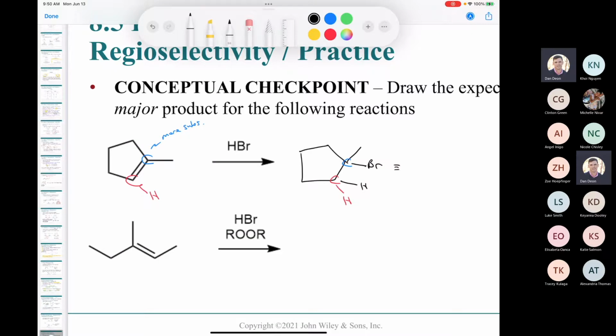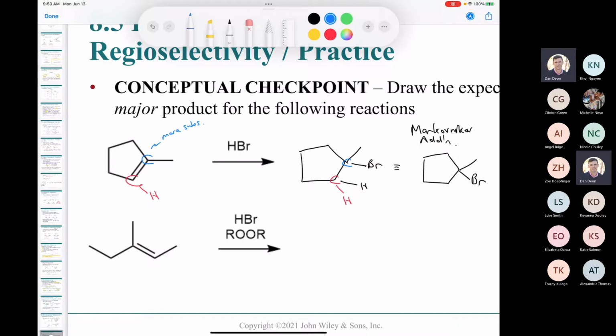So this is the same thing as just writing this compound, which would be a lot prettier. Give me a thumbs up if you follow me on the Markovnikov product. So this is what we call the Markovnikov addition product.